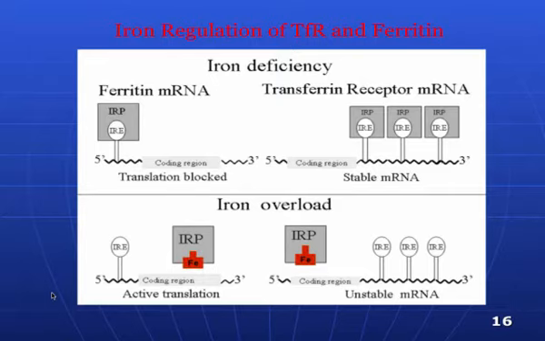IRE-BP is not binding here. It's not blocking translation. So we have active translation of ferritin mRNA. So in high iron, would you expect ferritin levels to go up? You would, and they do. So this square means in high iron, more ferritin protein is made.